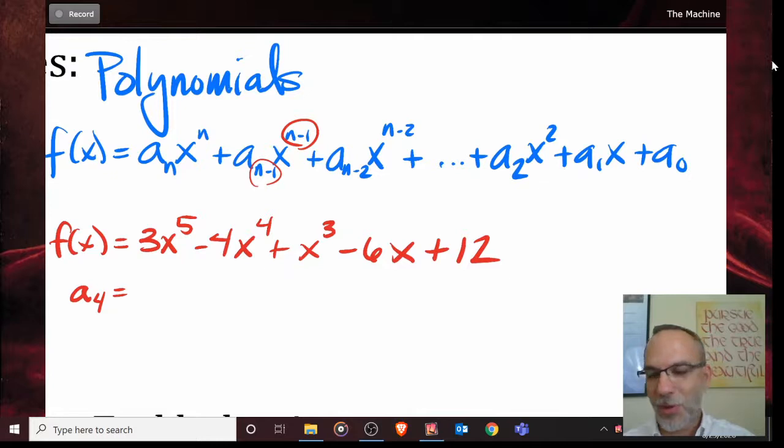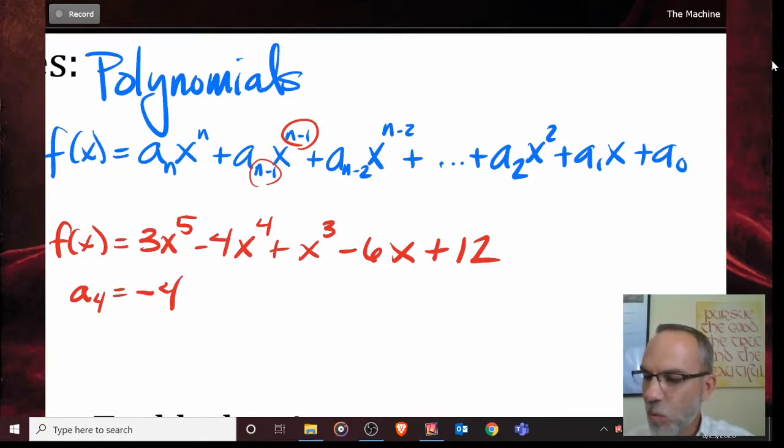What is the number that goes with x to the 4th? Negative 4. Do you see that? Find x to the 4th. Find the number on it. Find the coefficient on x to the 4th. So a sub 4 is negative 4.